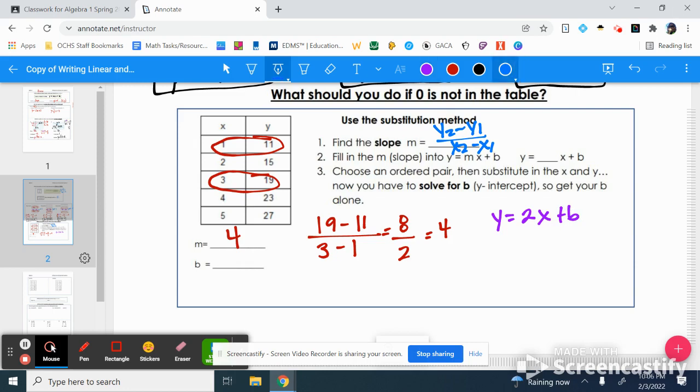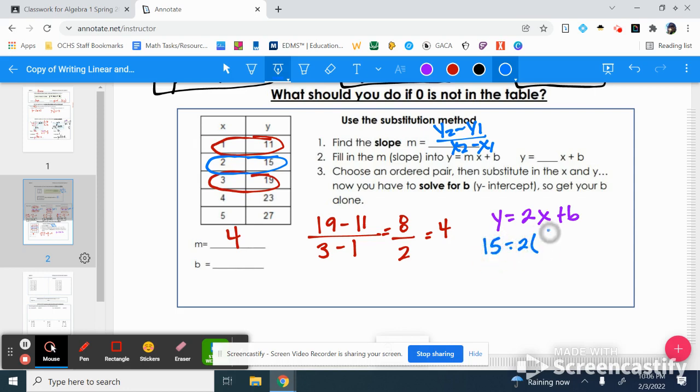Well, now what they want us to do is pick an ordered pair to substitute in for x and y. So in this case, I'm going to use, let's say, 2 and 15. It doesn't matter really what values you pick here. Just pick one that you're going to be happy using. So my y value was 15. I'm going to plug that in here.